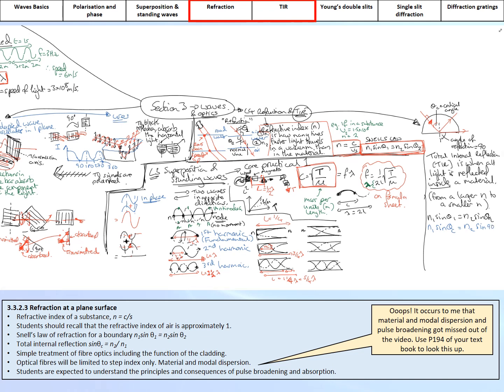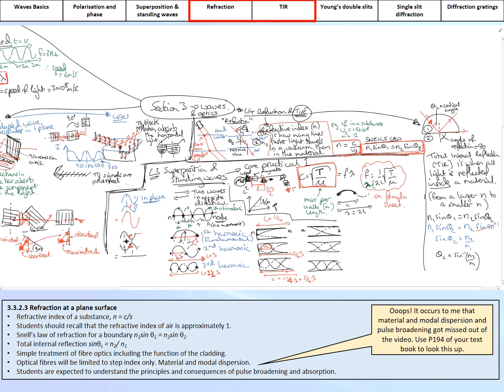And you know that sine of 90 is equal to 1. So therefore, sine of the critical angle is n2 over n1. And therefore, the critical angle theta c is the inverse sine of n2 over n1, going from medium 1 to medium 2. Medium 1 is the one we start in.